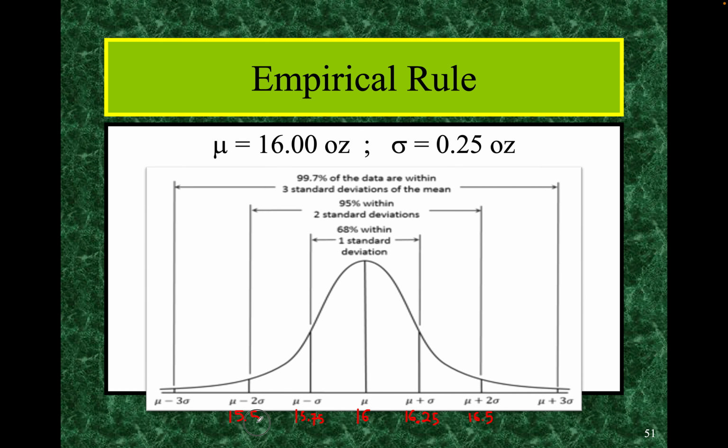Meaning 95% of the data fall between 15.5 and 16.5, because that's what the empirical rule says. If we add another SD, so 3 SDs, 0.75, that becomes 16.75, and this one becomes 15.25.